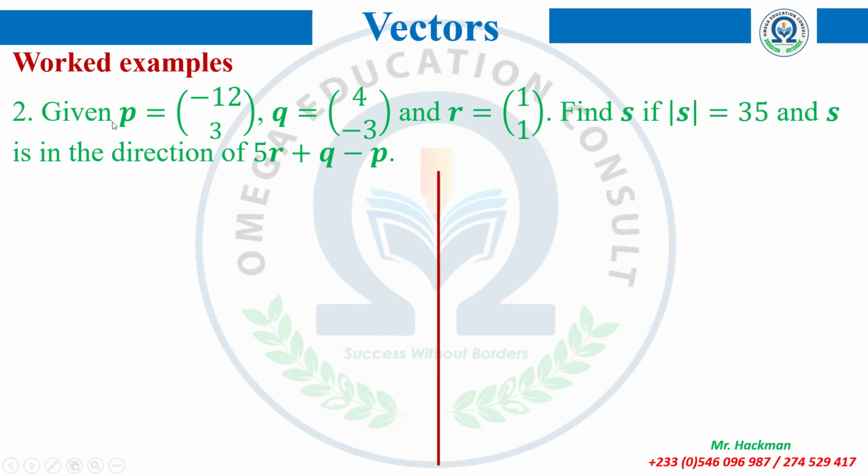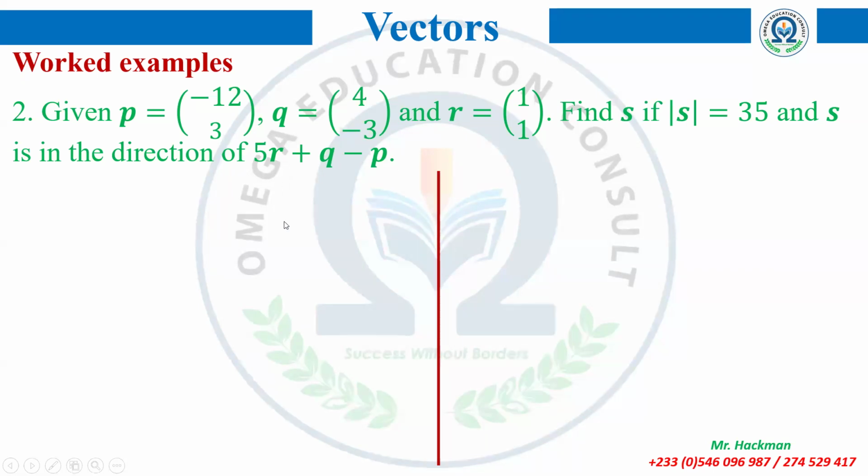So it's the same thing. P, Q, R, S, but here you are asked to find S, the vector S with this magnitude and in the direction of this. So you've been given the magnitude of the vector that you are asked to find and its direction, which is in terms of this. You can choose to represent the whole of this by D. So D will be equal to this.